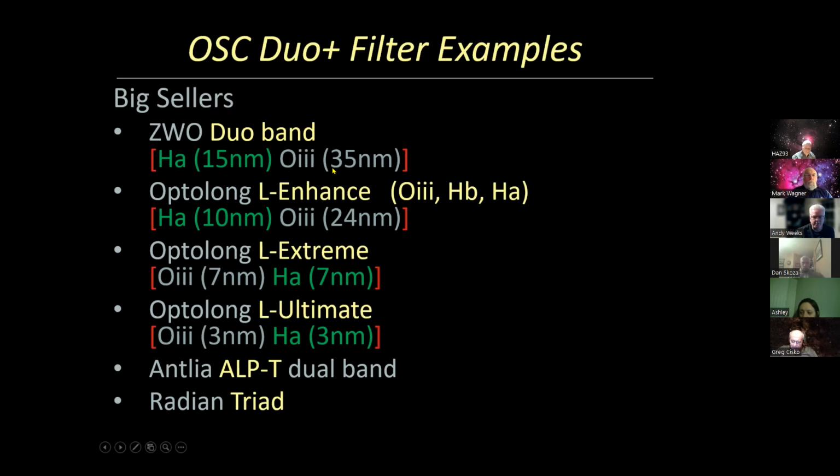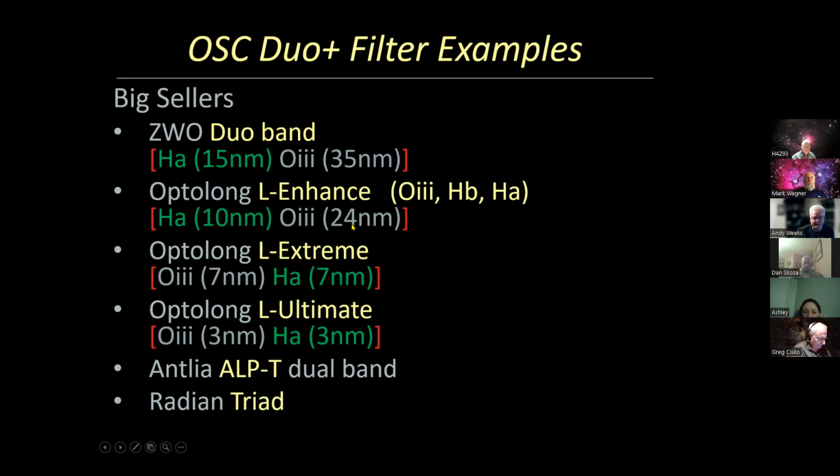When you look at the bandwidth around oxygen 3, 35 nanometers is really, really wide, so it's letting light pollution come in, and you have to deal with that in post-processing. Look at the HA, 15 nanometers is really wide as well. So you're going to get what you pay for. If you want more light pollution cut out, you have to get a smaller bandwidth.